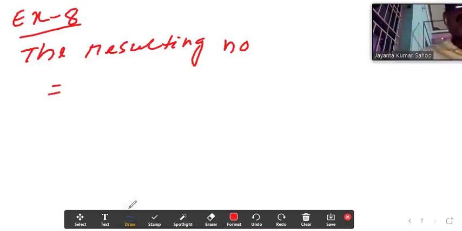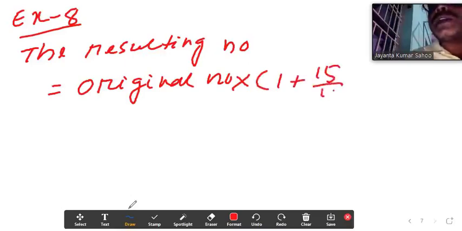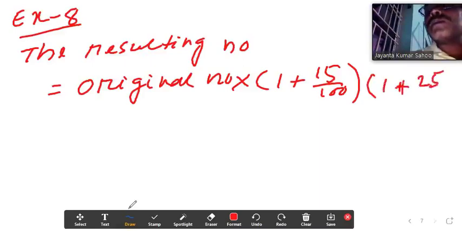Look at the formula here: original number into 1 plus, first it is increased by 15%, meaning 15 by 100, then again 25% increased, into 1 plus 25 by 100.